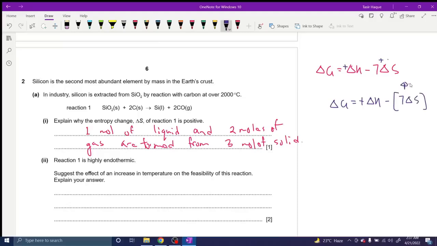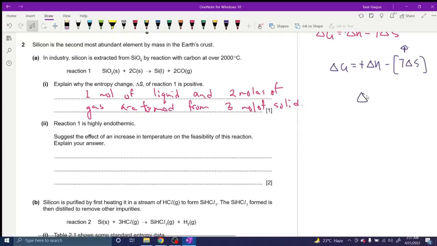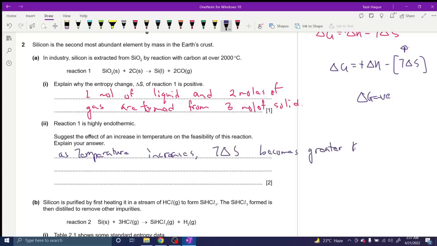the magnitude of T del S increases, and there's a minus sign before it, right? So in general, del G becomes more negative. Do you guys get that? So feasibility actually increases. As temperature T increases, T del S becomes greater than del H, or you could say T del S becomes more positive.